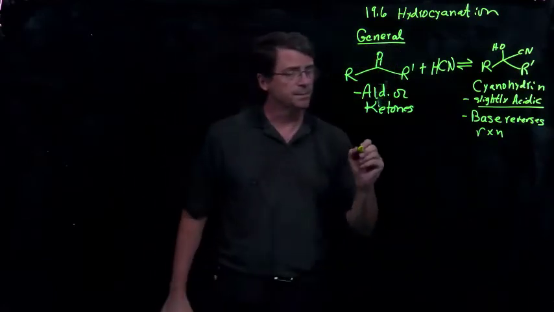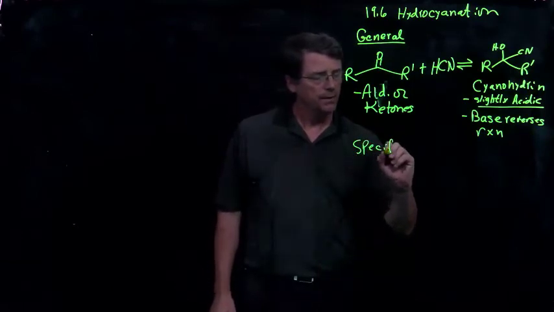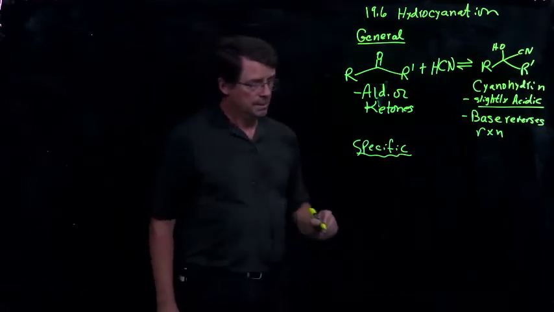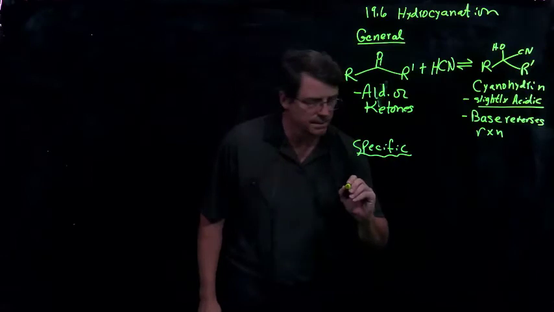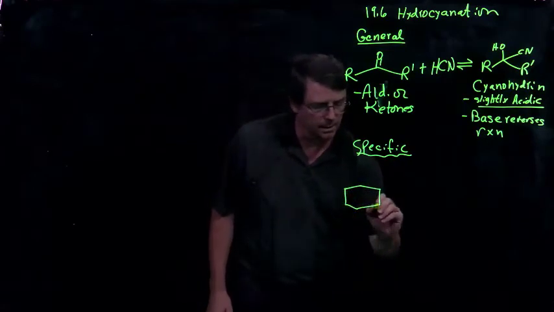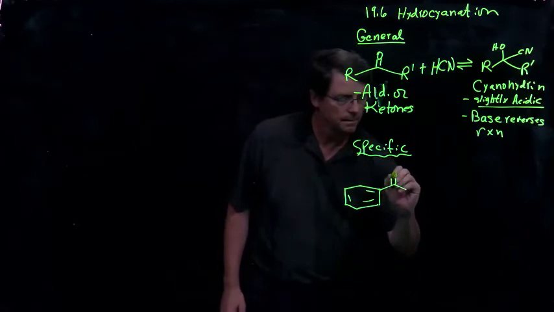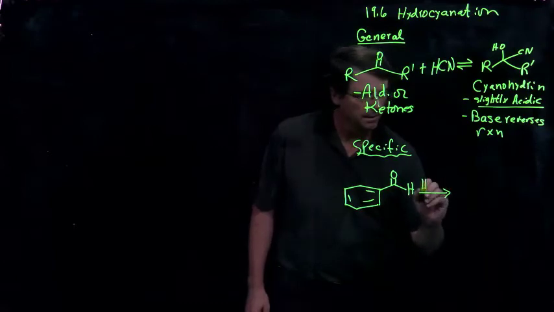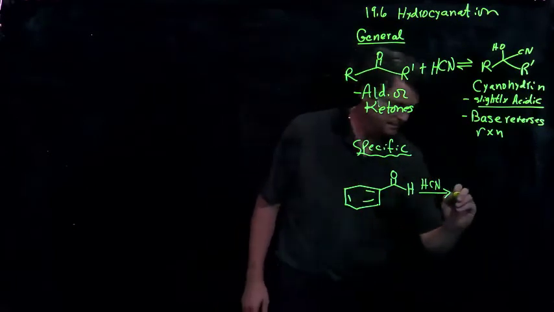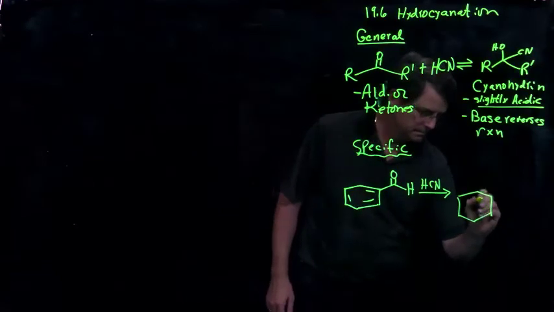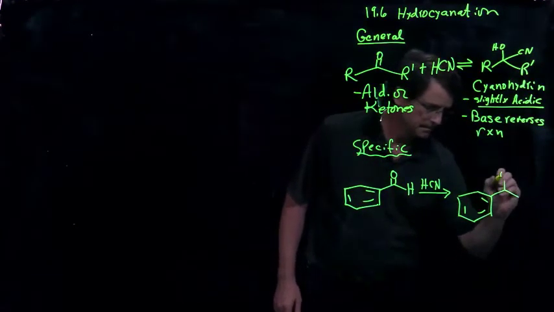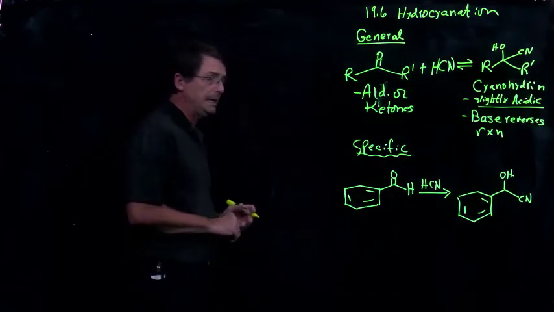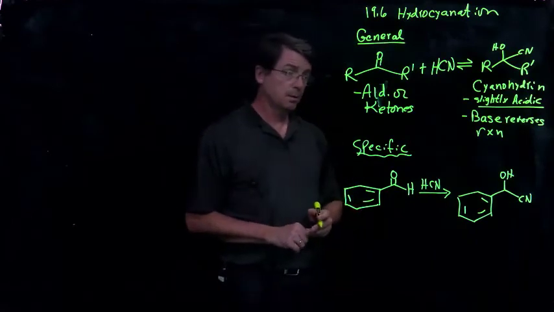So let's look at a specific example, and we'll see that this can be useful to very quickly make complicated structures. So if we take something, let's say as simple as benzaldehyde, and we react that with hydrogen cyanide, we have made a carbon-carbon bond.